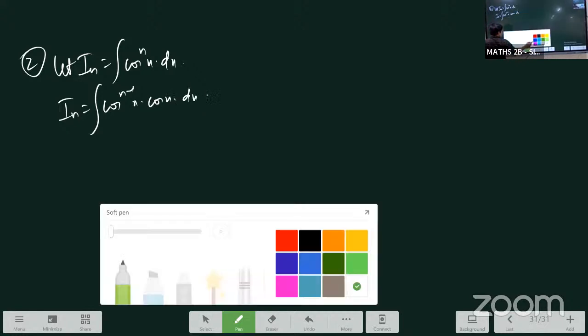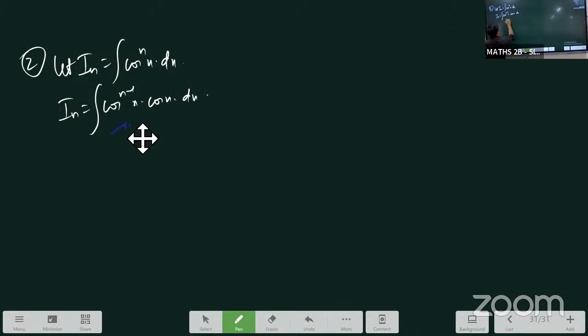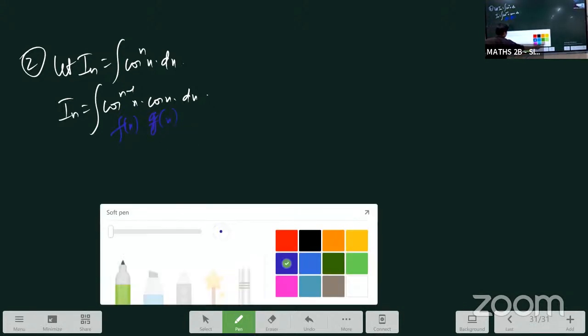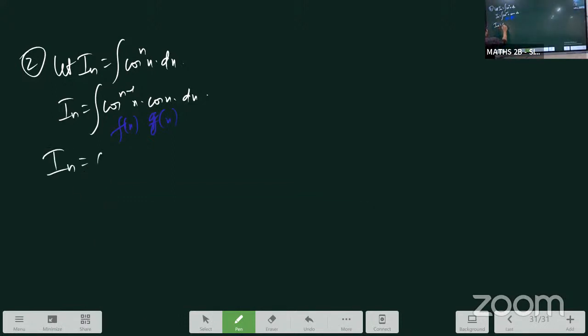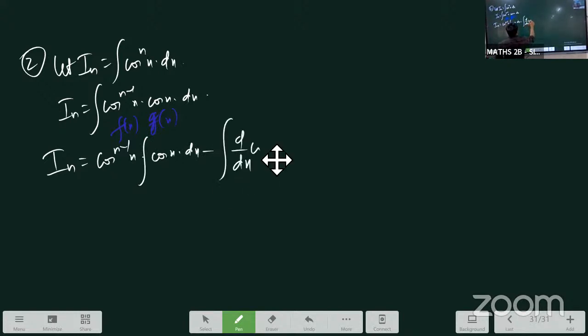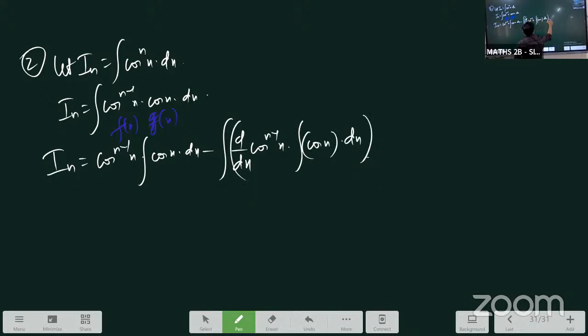Again, this is your f of x and this is your g of x. So integration by parts, once again: cos to the power n minus 1 x, f of x as it is, into integration of g of x dx, minus integration of d by dx of f of x into integration of g of x, whole dx.